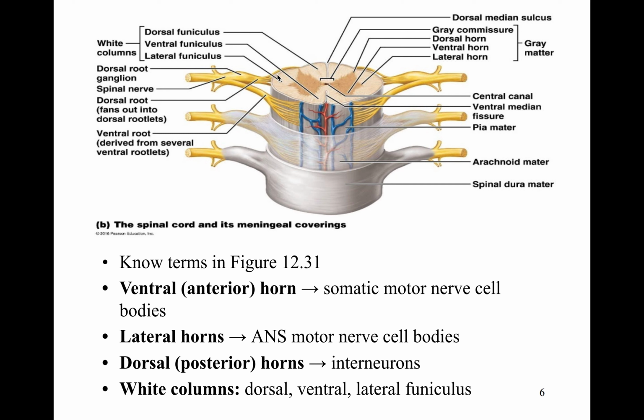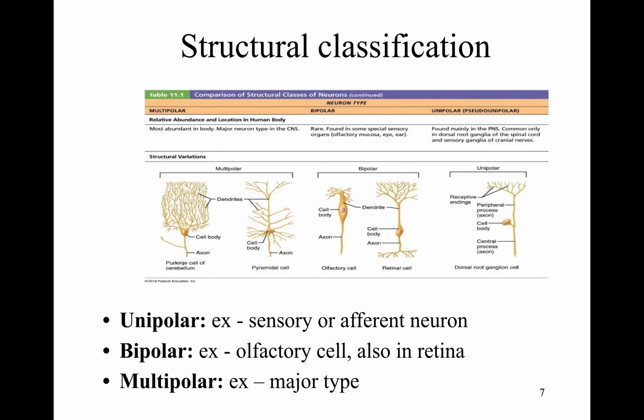We're going to come back to the white columns or the white matter in the spinal cord, but for right now, know that the white matter of the spinal cord is going to be where we have a number of tracts or groups of neuron axons. So the gray matter in our spinal cord is going to consist of the dorsal horns, lateral horns, and ventral horns.